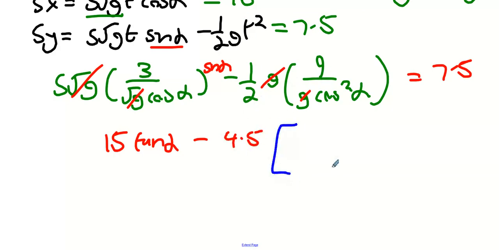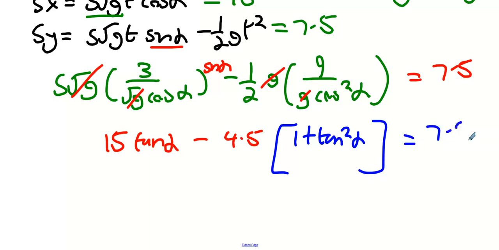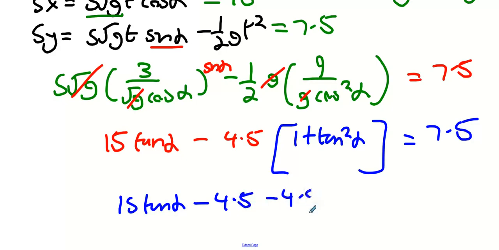Now here's the key part. What rule can I change this out for? 1 plus tan squared alpha. I can change that out for 1 plus tan squared alpha. And we're starting to do a lot more of that in class now, aren't we? Which is good. Good for us. Now what now? Multiply it out. Okay, move it all to one side.